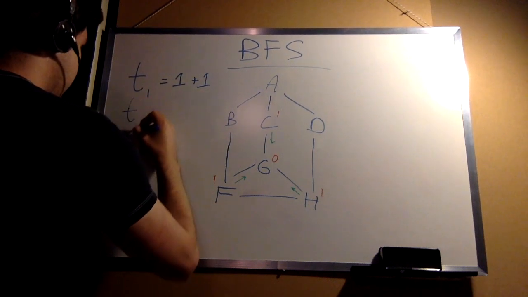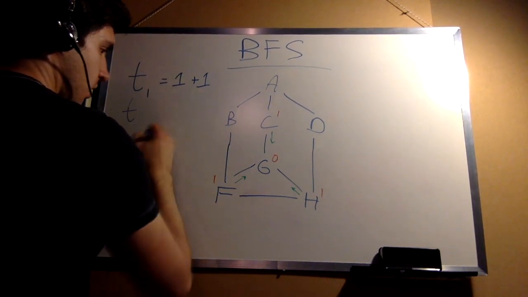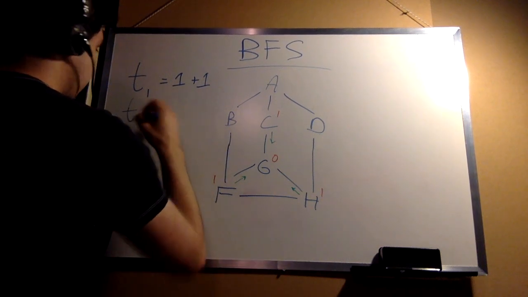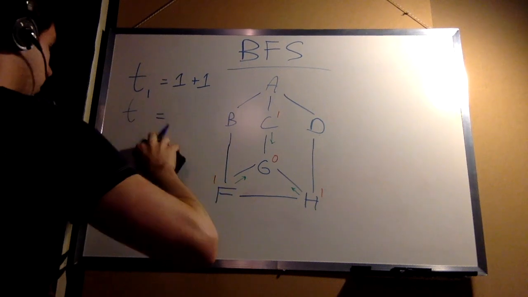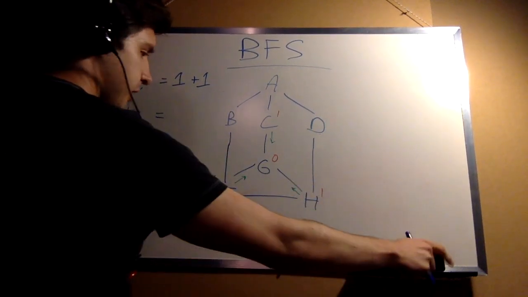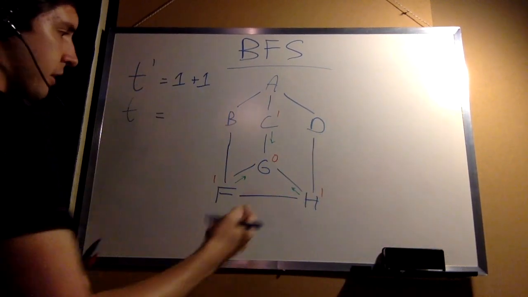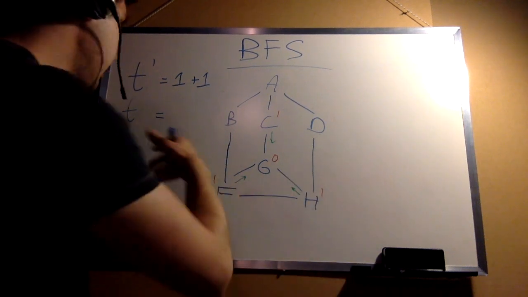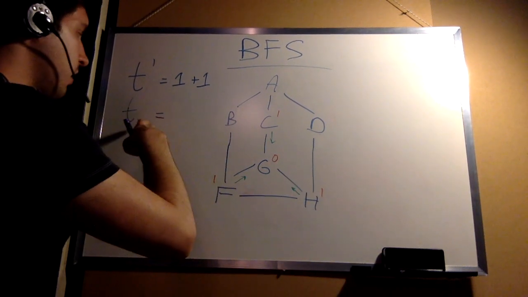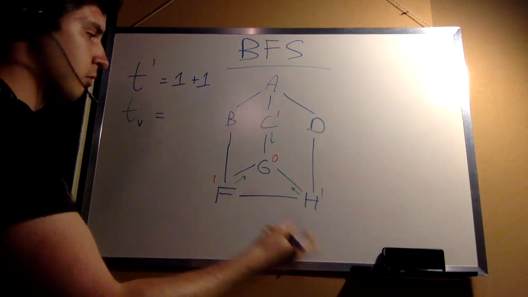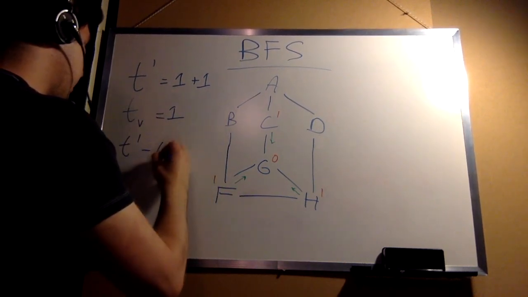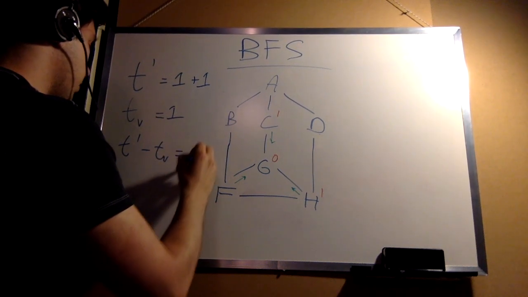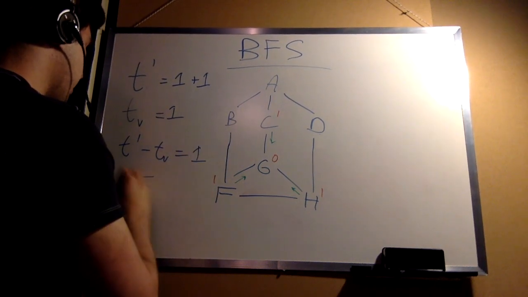And the time 0 is at the vertex that we're hitting. Let's not call that 0, so we'll call these T prime and TV. T prime is the time that we're exploring at, and TV is the time of the vertex that we are arriving at, and that's 1. So T prime minus TV equals 1. So there is a cycle.